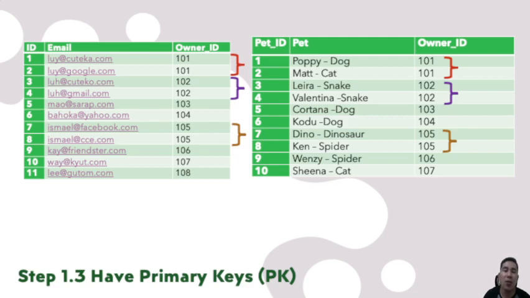And also notice that since the pet is also non-atomic, we'll have to create another table for pet, and we'll have a separate topic on this pet table, because we're also going to normalize this table.